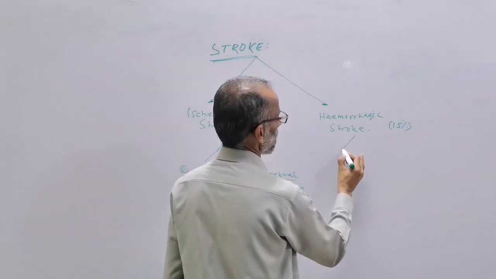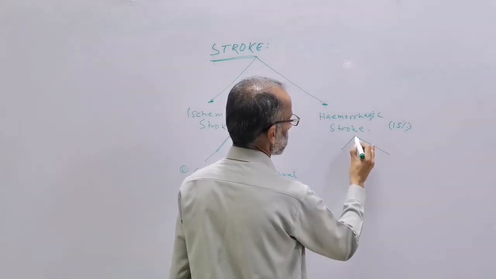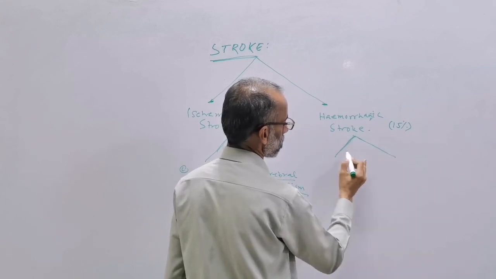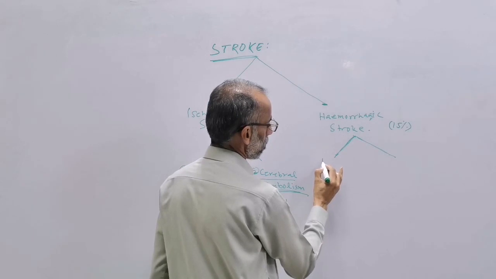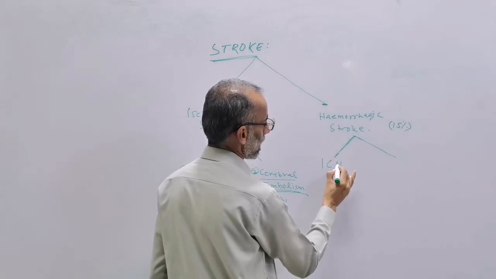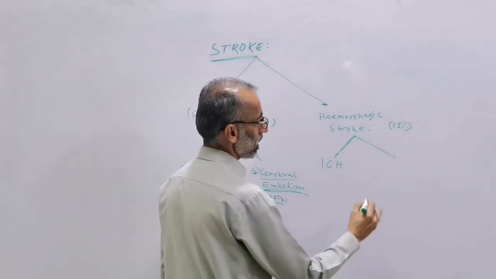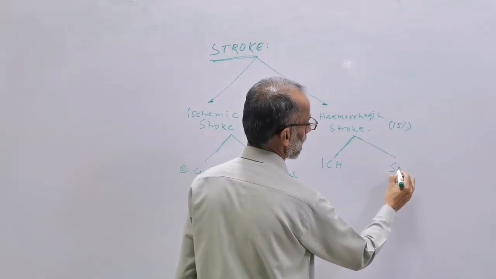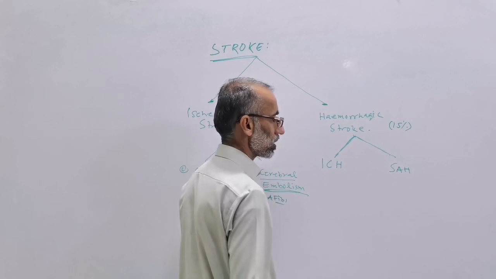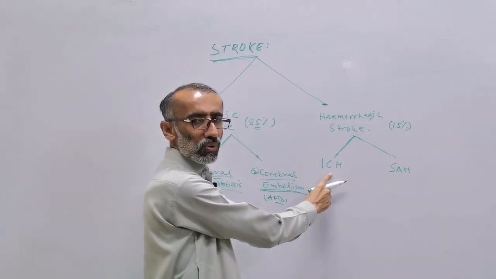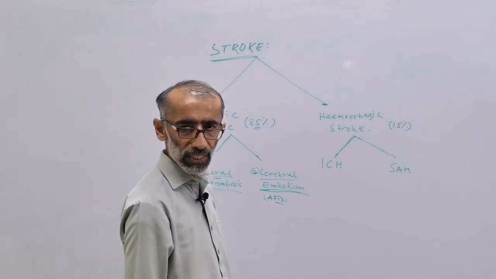Hemorrhagic stroke is further classified into two types. One is intracerebral hemorrhage, the other is subarachnoid hemorrhage. Intracerebral hemorrhage is the most common type of hemorrhagic stroke.